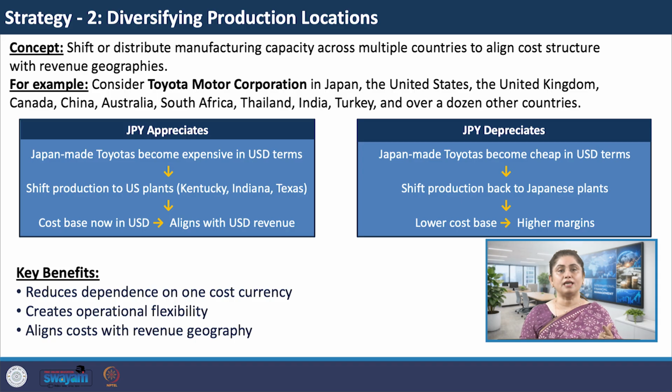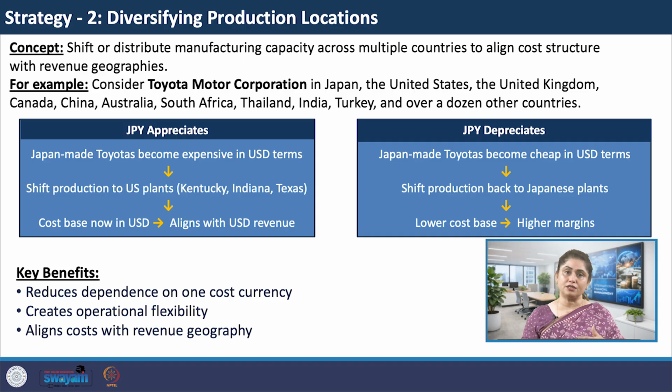Imagine the Japanese yen appreciates sharply against the US dollar. Suddenly, Toyota's vehicles manufactured in Japan become significantly more expensive when priced in dollar terms. Toyota's competitiveness in the American market is now under pressure. What does Toyota do? It shifts production to its US plants. Now the cost base is in US dollars.